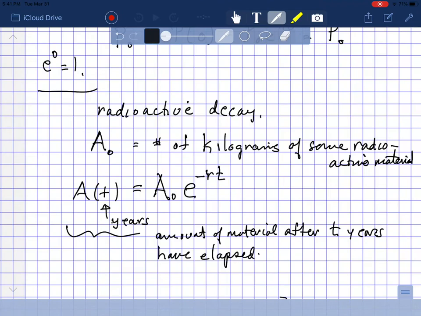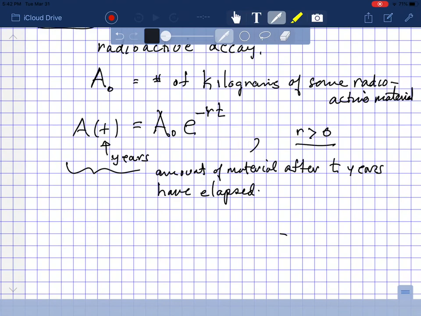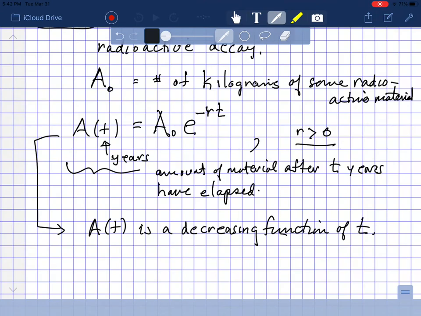Here, the difference between this and population growth is that the exponent was positive for population growth. Now this exponent is going to be negative because here I'm assuming that r is greater than 0. So what I have is a function which is decreasing with t. So A of t is a decreasing function of t.